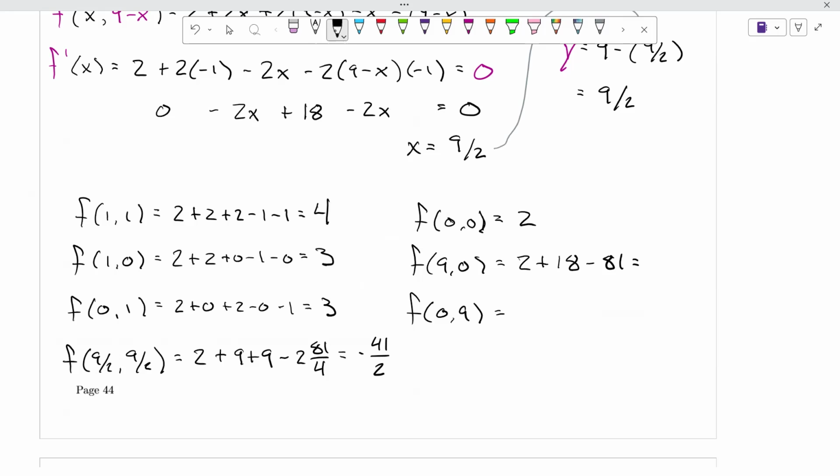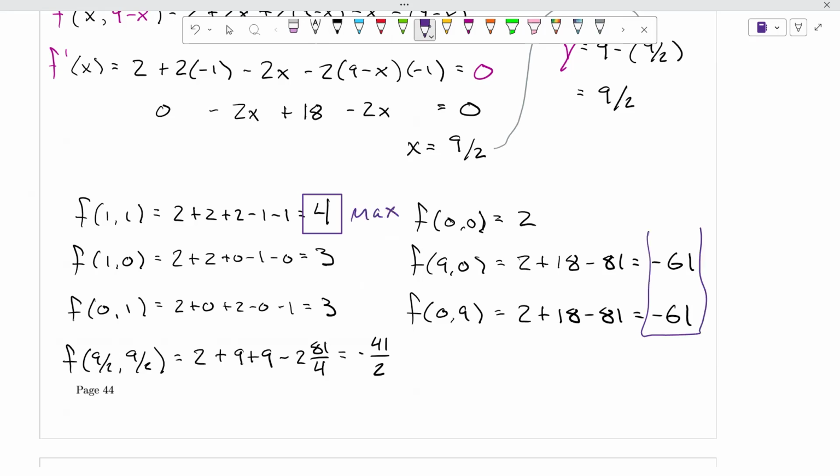So that's 81 minus 20 is negative 61. And I'll get the same thing at the other boundary point. So now I just have to look at everything that's left over and pick out my maximums and minimums. 4 is the biggest number I can find, so it's the max. Negative 61 is the smallest number, so it's the min.